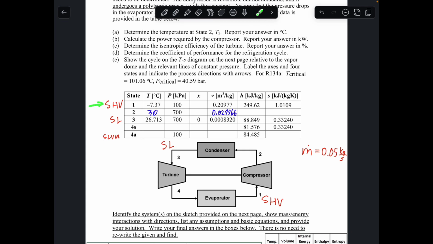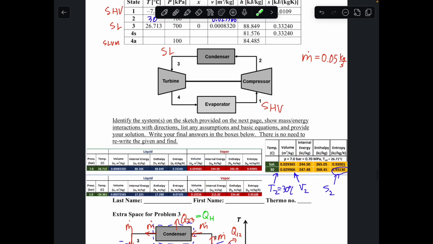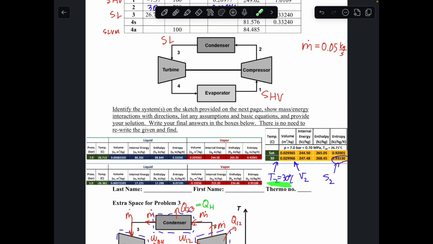So some of this we already know. This superheated vapor and saturated liquid was given to us in the problem statement. This one we found through our math. And we also know the phase at state 2 as well, because we found these quantities earlier in our problem using this superheated vapor chart. And so that makes it easy for us because we're given the pressure and temperature here.